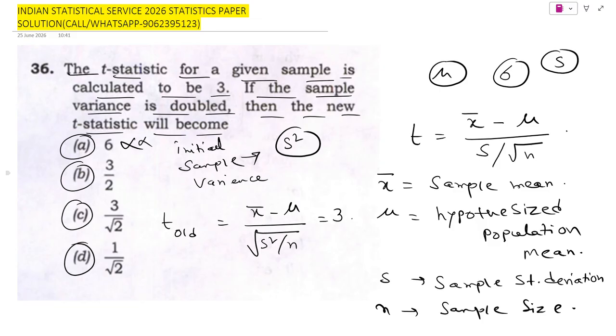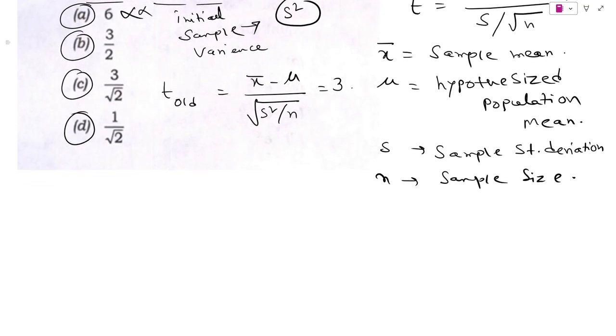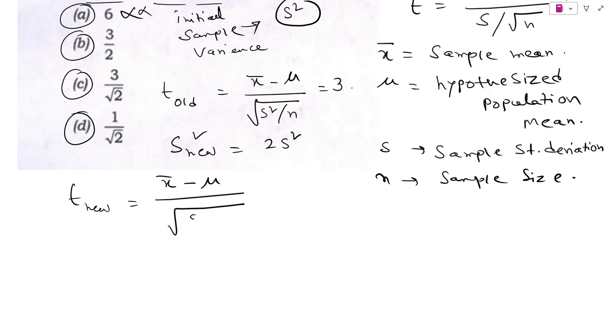So let's define our new variance as S new square, which is 2S square. Let's plug this into our test statistic formula to find T new.